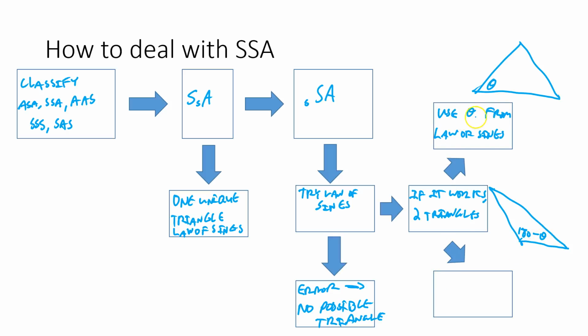So one you use theta from law of sines, and the other one you'll use 180 minus theta. And you'll solve these two triangles separately. So if you solve those two triangles separately, you'll have two separate triangles, and so basically two sets of answers.